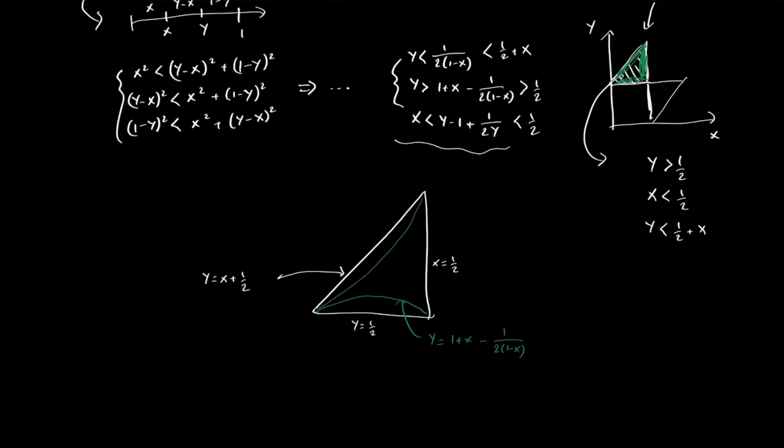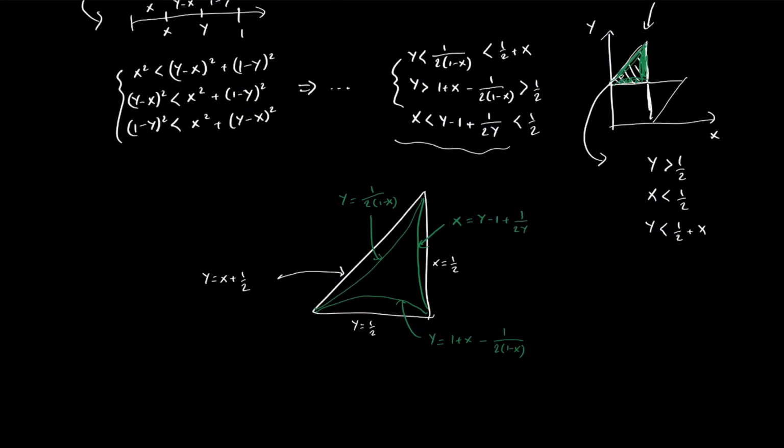Then the line of equation y equal 1/2 (1 minus x). And finally, the line of equation x is equal to y minus 1/2 plus 1/(2y).